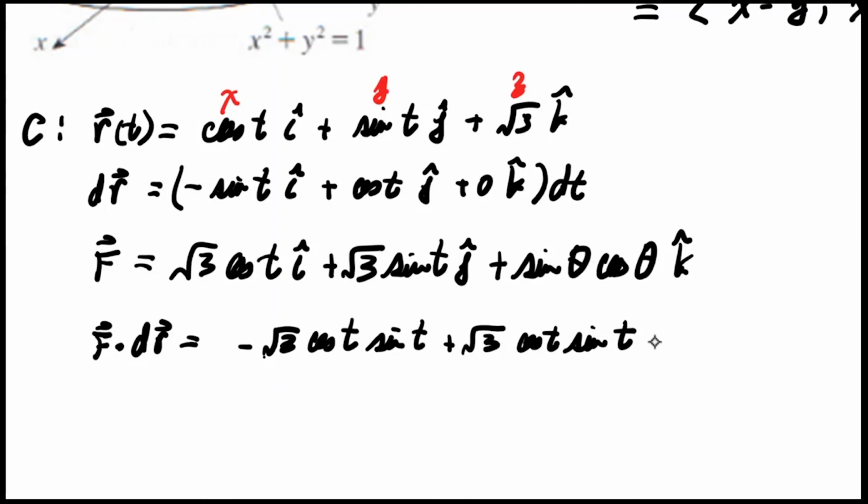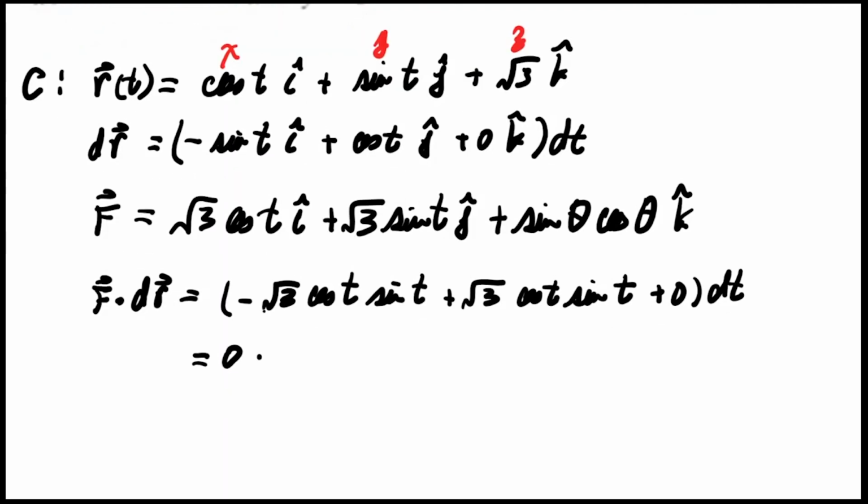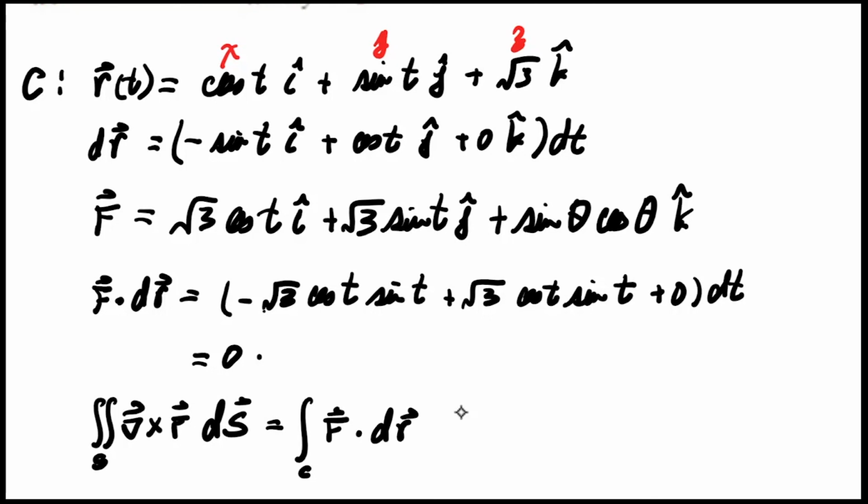And that thing is 0, which is just 0. So what does that tell you about this integral on the surface ds? This will be the same as on the curve C, f dot dr. And f dot dr is 0, so this whole thing is 0. How about that?